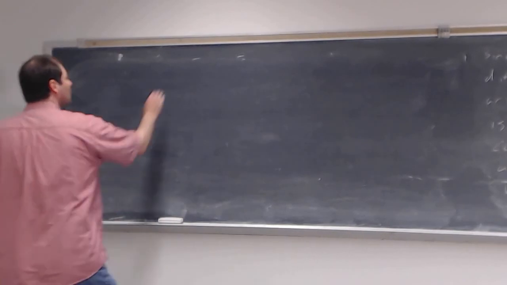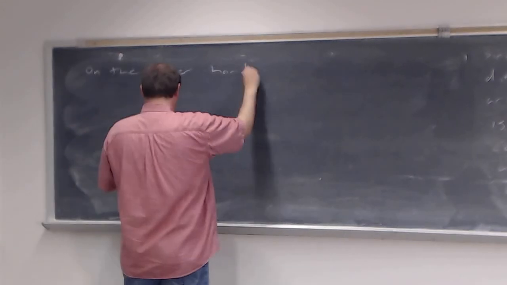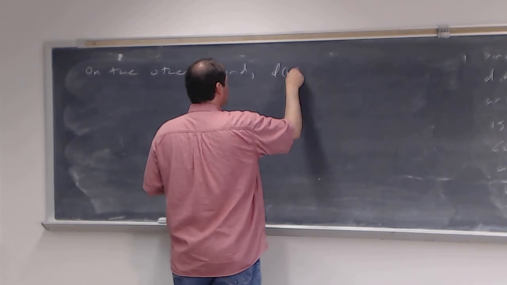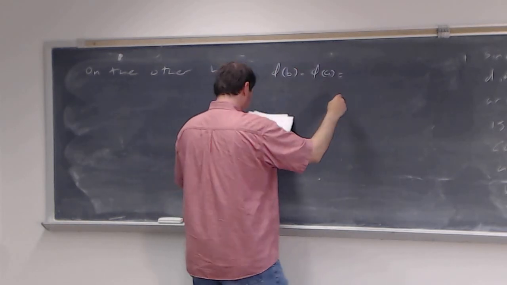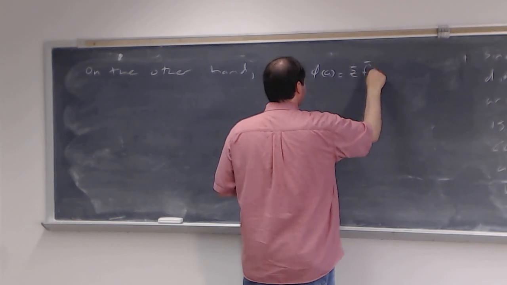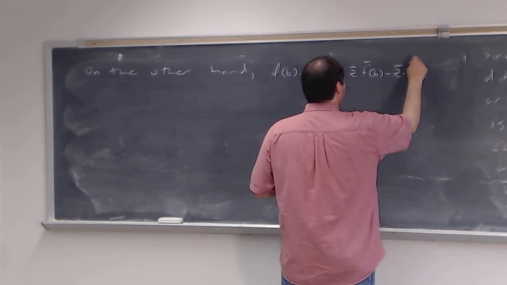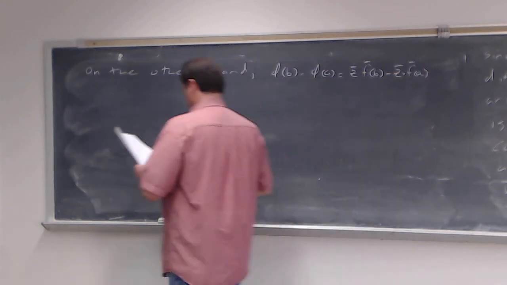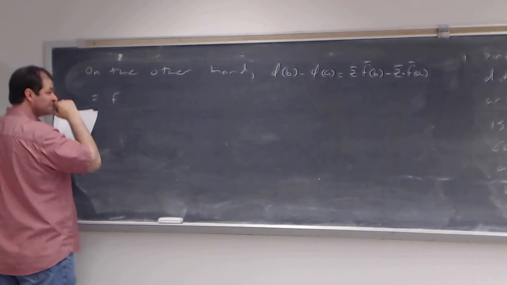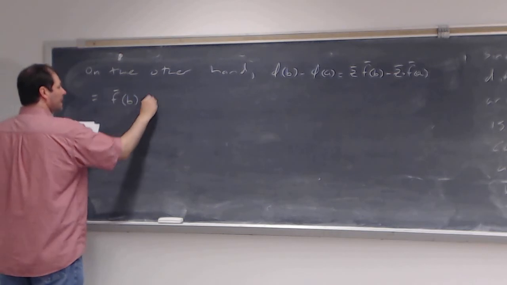Okay. On the other hand, if we look at phi of b minus phi of a, we find that that's equal to z bar inner product with f bar acting on b, minus z bar inner product with f bar acting on a, which equals f bar acting on b minus f bar acting on a.